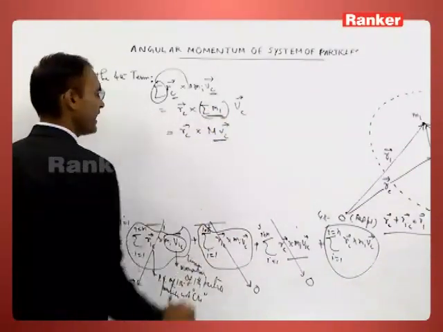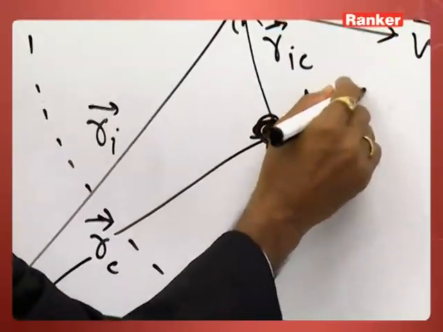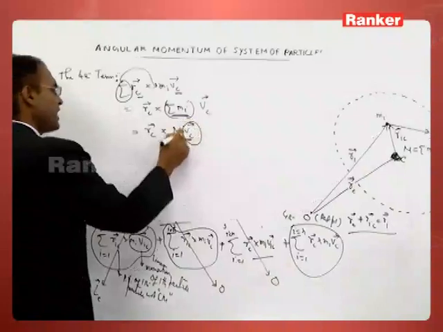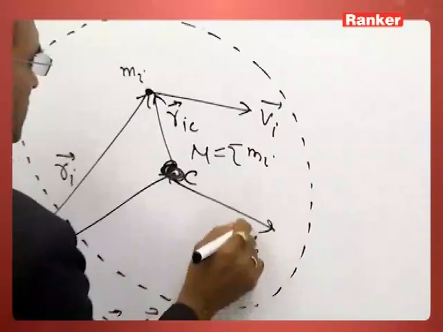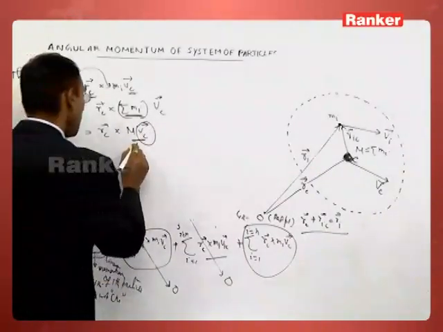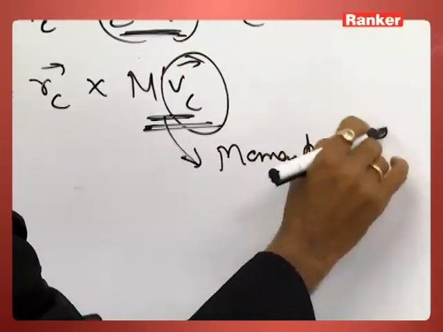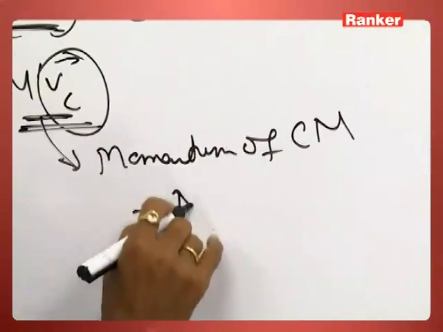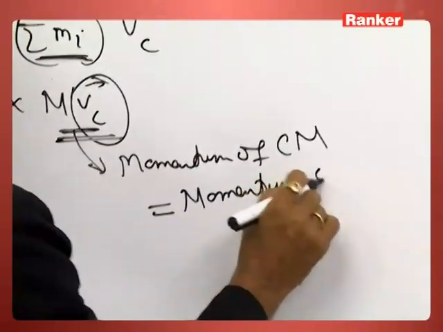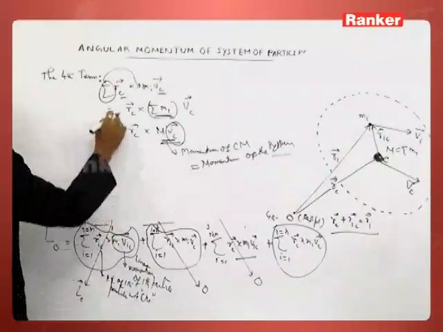So this physically signifies that the entire system's mass is located here as capital M, and this signifies the center of mass velocity. The total mass supposed to be centered at this point into the center of mass velocity can be called momentum of center of mass, and that also can be written as linear momentum of the system of particles.